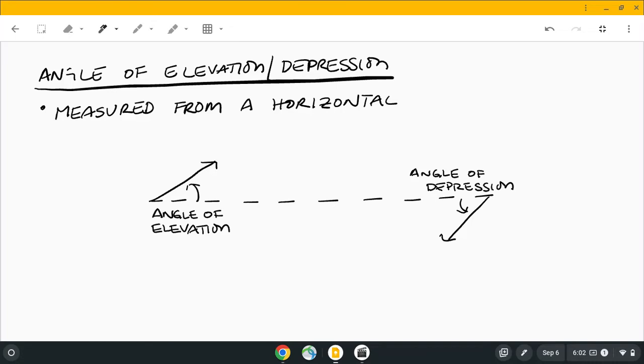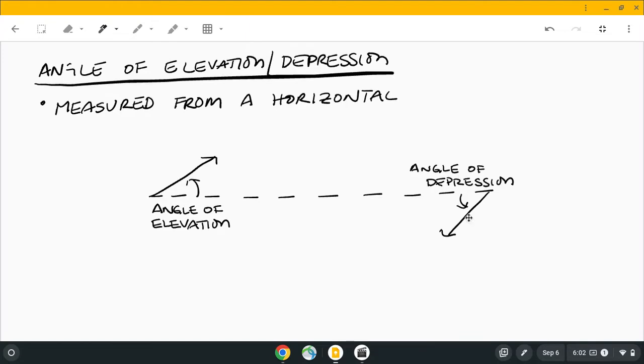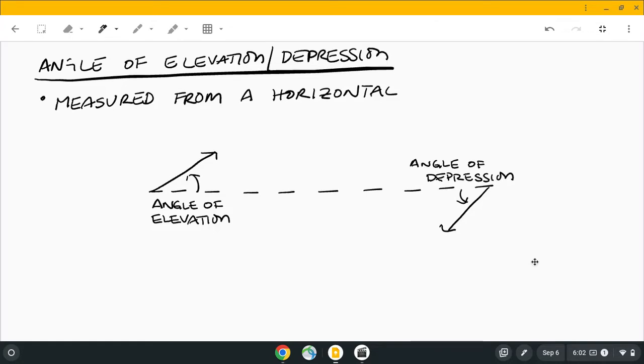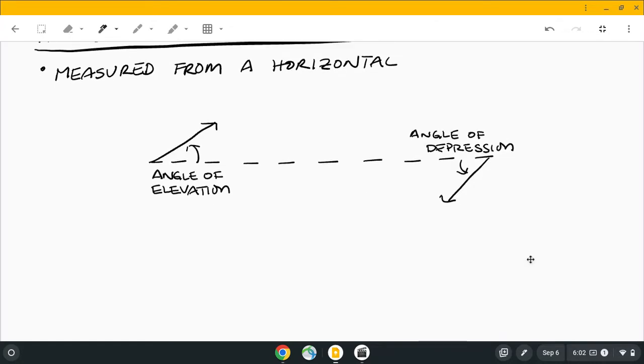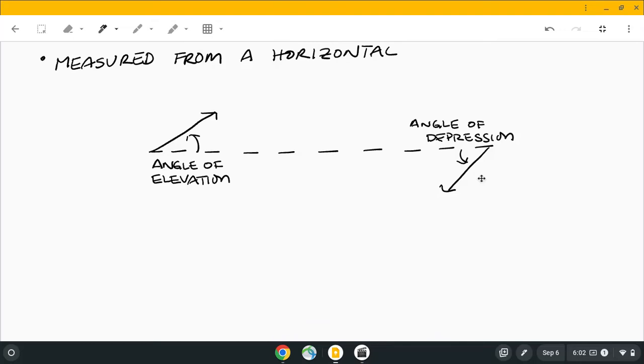Okay. So make sure you're aware of that. And even though this one is measured downward, both types of these are considered positive angles. So with this one, we don't say, oh, negative 20 degrees. We just say angle of depression is 20 degrees. Stating that it's an angle of depression already tells us that we're going to be going downward, so we don't need the negative.